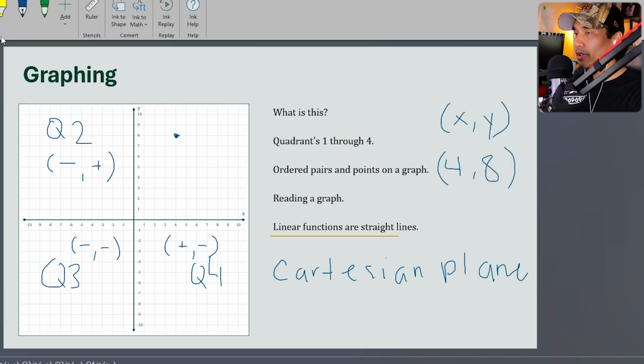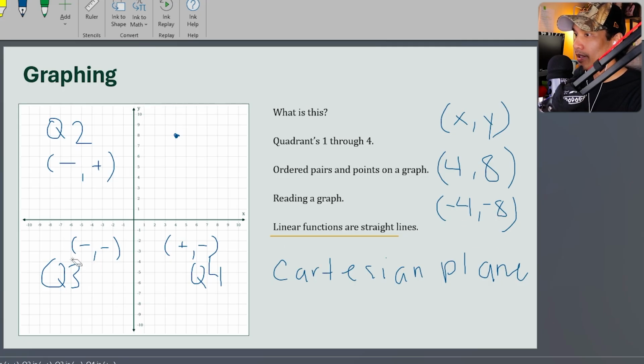Now, let's put another ordered pair or coordinate on the graph. I'm going to go -4, -8. I'm going to do the opposite. And where does this ordered pair lie? In quadrant 3. Because we have a negative x value and a negative y value.